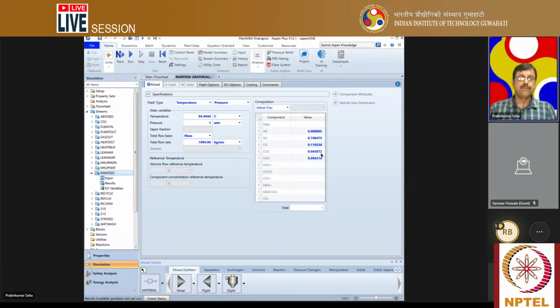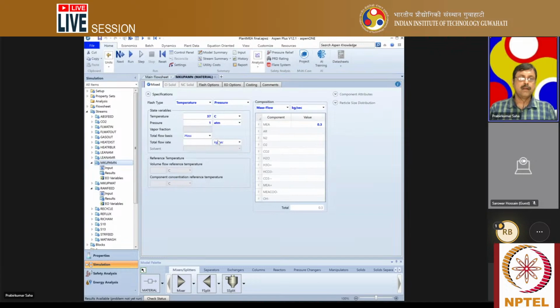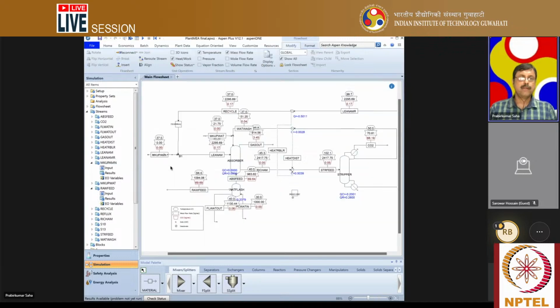Now we have to separate this CO2. So what we are doing, we are sending some lean amine, and here amine is 0.3. So it is like 30% amine and 70% water. That is coming in the lean amine.